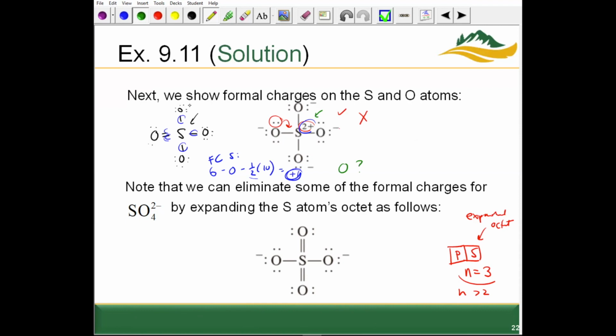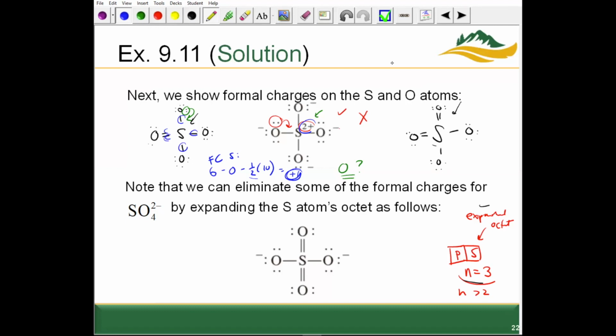Well, let's try moving in yet another lone pair of electrons into a double bond and check and see what the formal charge is then. So now, as drawn, it definitely has an expanded octet, but that's okay because it does fill a shell greater than 2. So sulfur could be okay with an expanded octet.